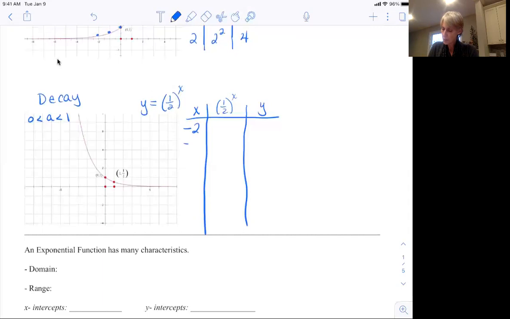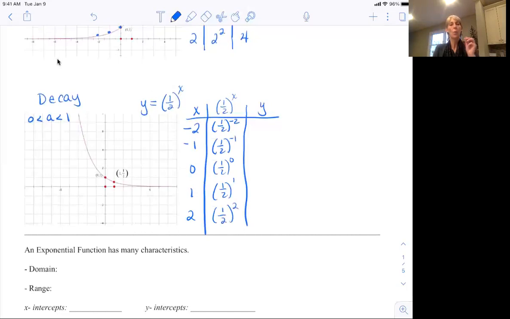I would take -2, -1, 0, 1, and 2, and we're plugging them in for x. Sorry, I put in the wrong base.